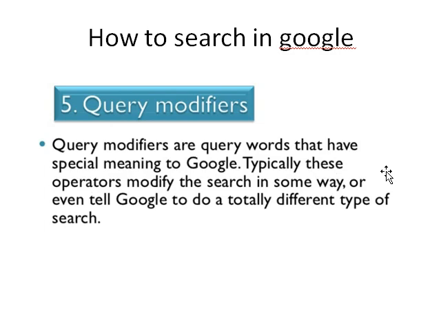Typically, these operators modify the search in some way, or even tell Google to do a totally different type of search. Let's see some modifiers and how they work.